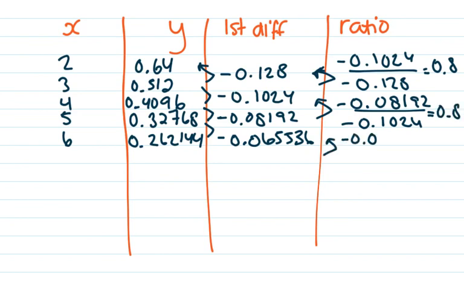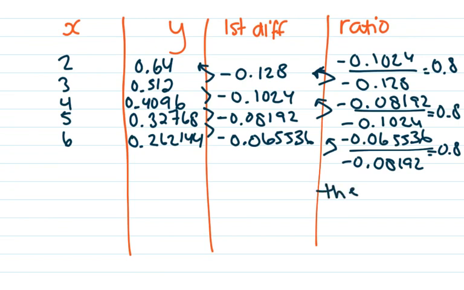And negative 0.065536 divided by negative 0.08192 also equals 0.8. So that means that the base is 0.8. Okay, so find the first differences, find the ratio, or divide to see what you're multiplying by each time. So basically, I'm multiplying by 0.8 each time, and that is the base.